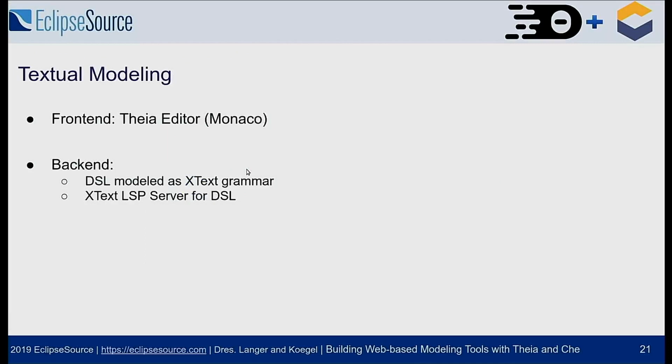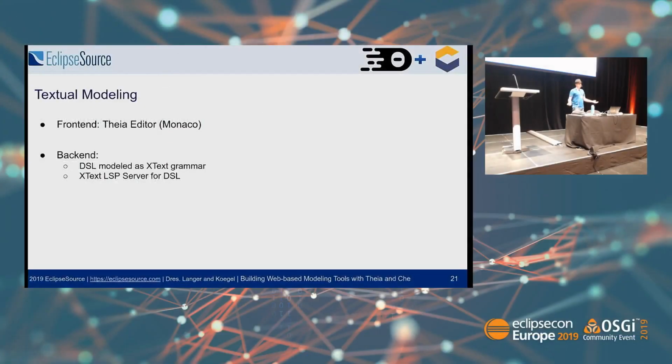Now for the textual modeling, the simple, short story is, there is an LSP for the textual DSL that we have here, so we can just use the Theia editor that ships with Theia. And in the backend, we have a DSL that was modeled as an Xtext grammar. And with Xtext, you get an LSP server for free. You can just generate it.